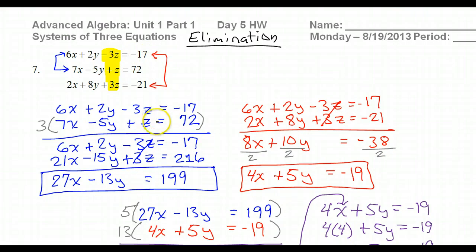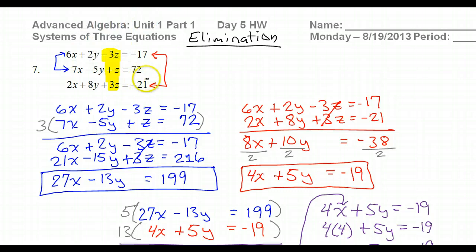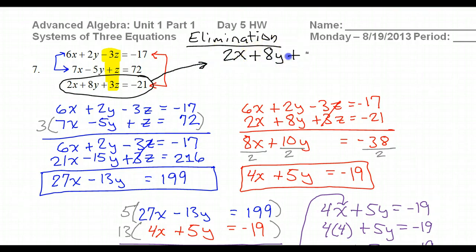So I'm just going to pick whichever one seems the easiest. I'm liking the bottom one today. So looking at the bottom equation, I'm just going to pick it and recopy it over here so I can substitute. So I've got 2x plus 8y plus 3z is equal to negative 21.